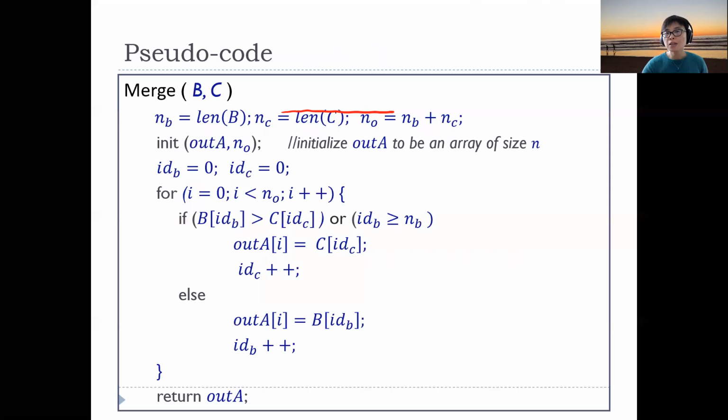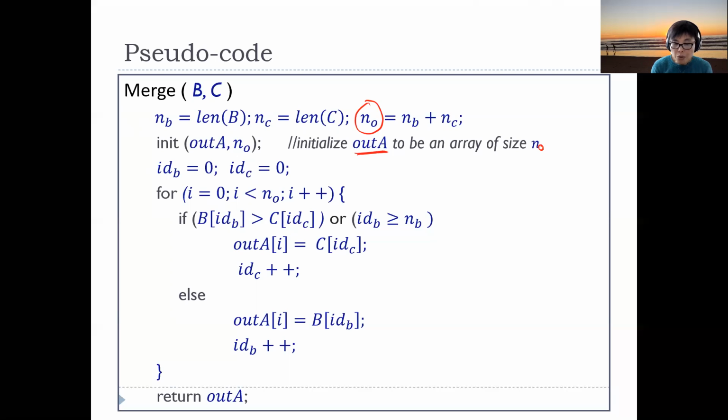All right, so here is the pseudocode of the procedure that I just described. Let nB and nC denote the lengths of the two subarrays B and C. This means the length of the output array is n. So we're going to merge B and C into a single array of size n, and initially we initialize the output array to be an array of size n.